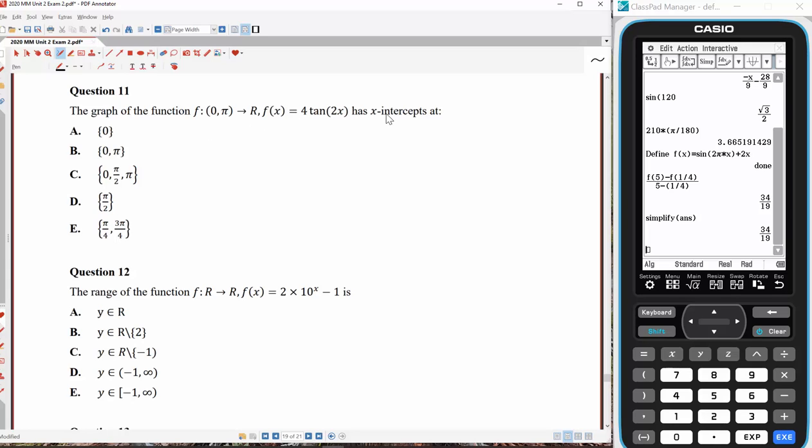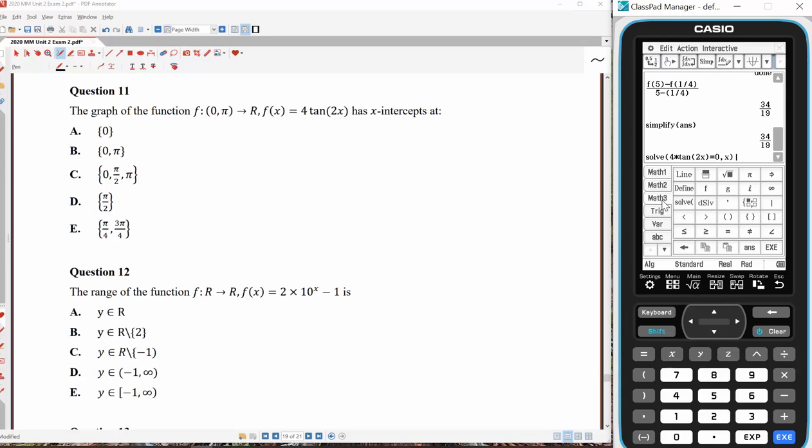Okay, graph of the function has x-intercepts at, so between 0 and pi. So probably the easiest way to do this is solve tan 2x equals 0 for x between 0 less than x less than pi.